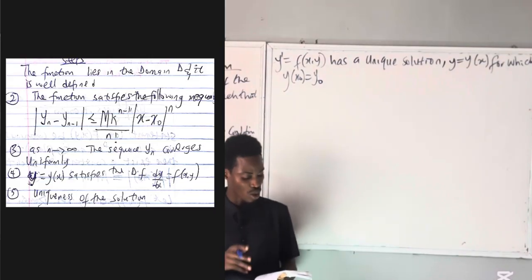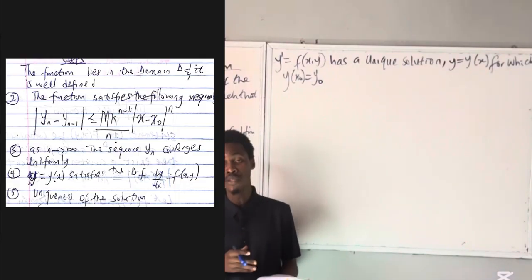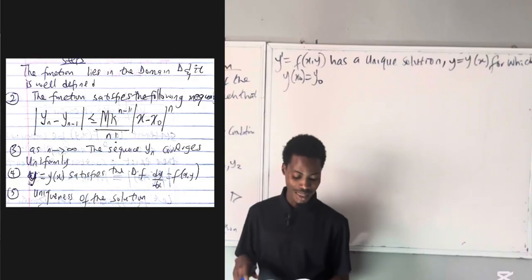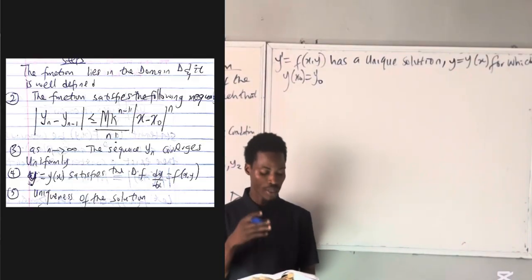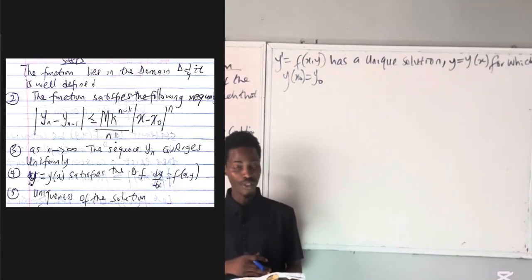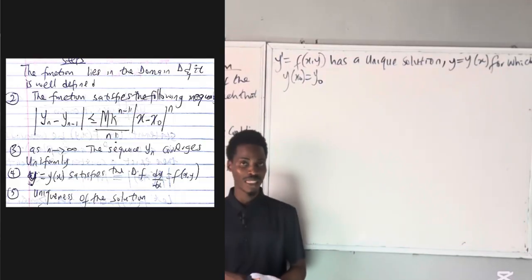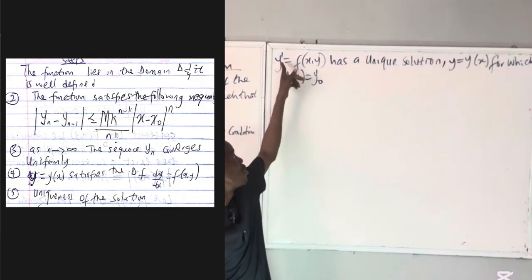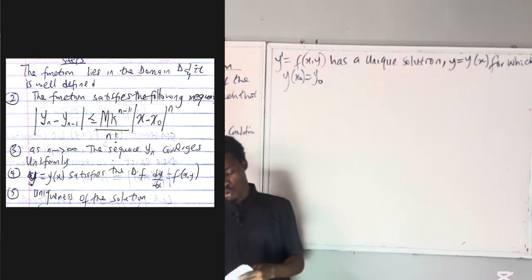The last one is to show that this y of x satisfies the differential equation, that is, the derivative dy over dx gives you f of x, y. Then you have satisfied that y prime is equal to f of x, y. You still have a unique solution.